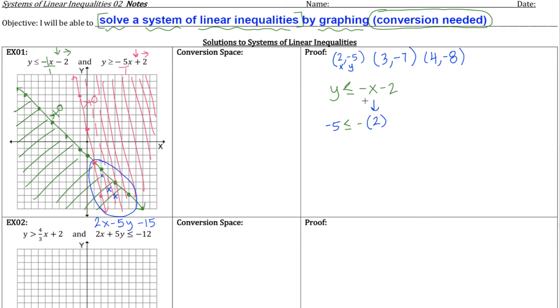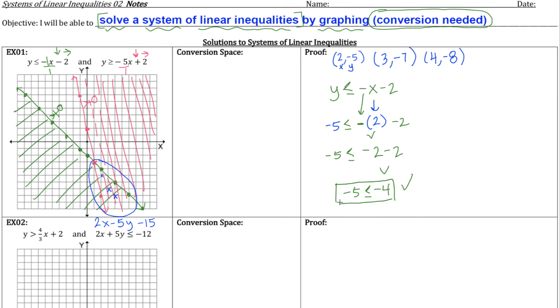So we get negative, don't forget the negative, 2 minus 2. Negative 5 should be less than or equal to negative 2 minus 2, which is negative 4. And negative 5 is in fact less than negative 4.